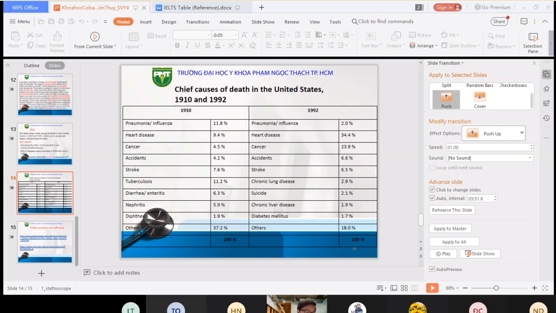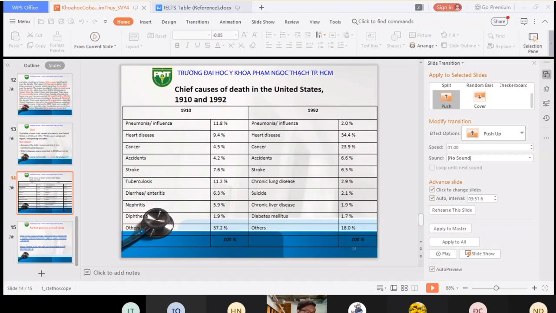Remember, you need to go into every detail, so you need to write smartly. Group information together. If I were you, I would put all of the causes which accounted for under 5% together. Here we have cancer 4.5, accident 4.2, and diphtheria 1.9.